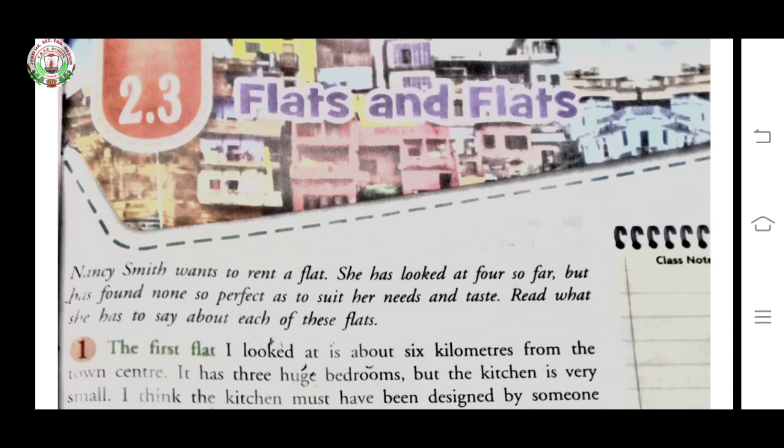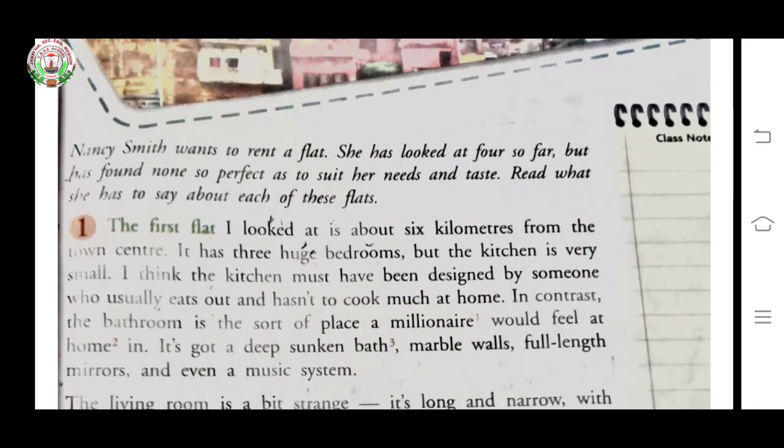So, do you remember what she said about the first flat? She said there were huge bedrooms. Huge means very big bedrooms, but the kitchen was very small. And what did she say about the kitchen?